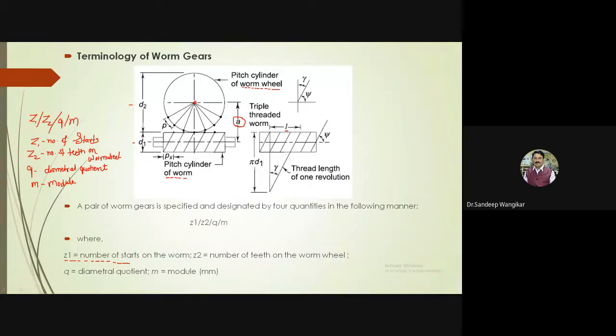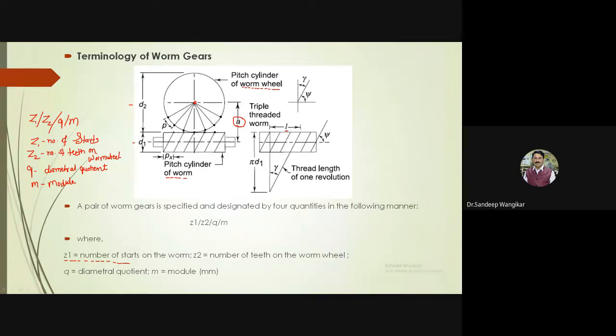So in this way it is mentioned. You will get an example also. For example, 1/20/3/5. You can say that the number of starts is 1, number of teeth 20, diametral quotient 3, and module 5 millimeters. So like this it is given in a numerical.